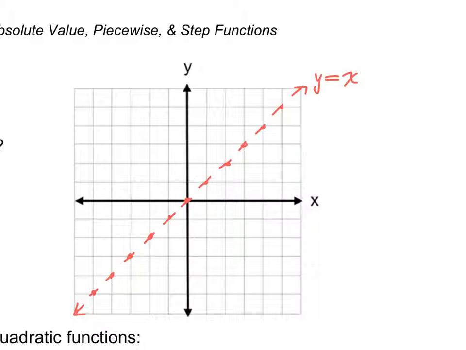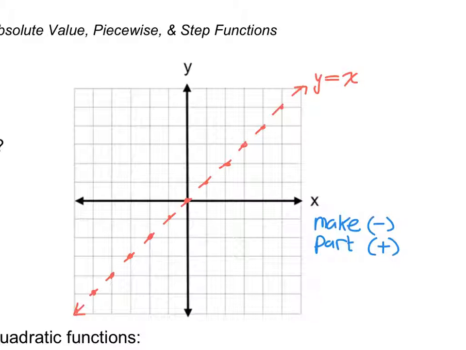This is the line y equals x. All right. To get the absolute value graph, make the negative part positive. We're using symbols, so why not?